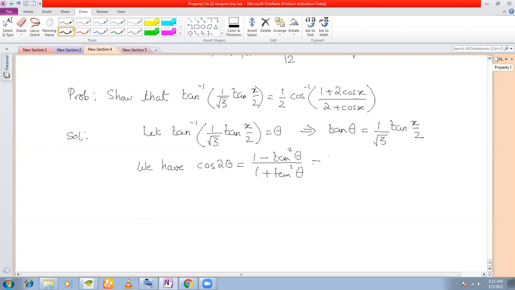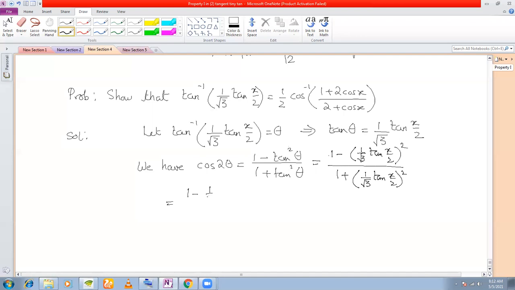Now we put the value of tan here. 1 minus 1 by root 3 tan x by 2 whole square divided by 1 plus 1 by root 3 tan x by 2 whole square. Okay, now we simplify this.